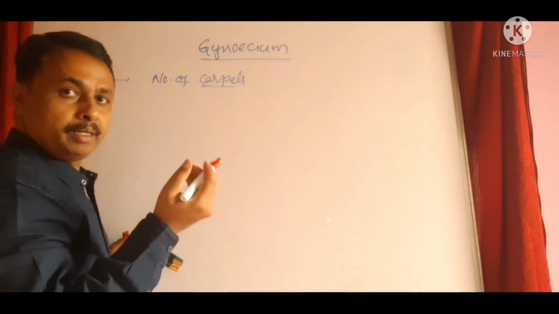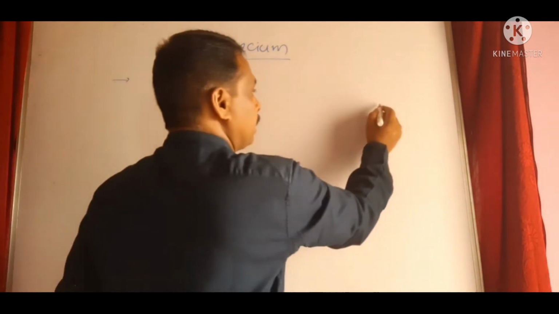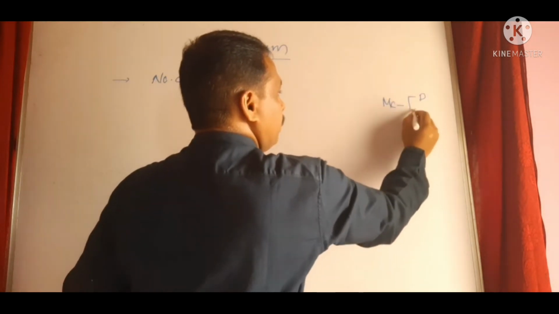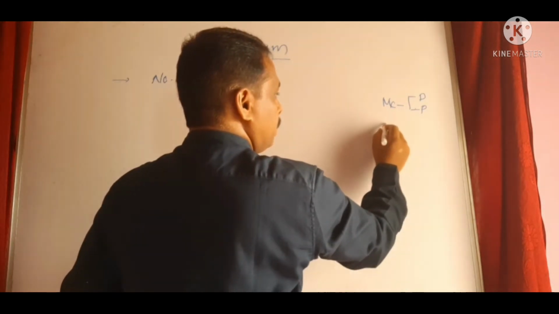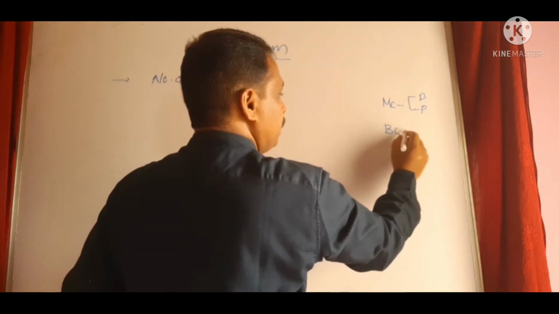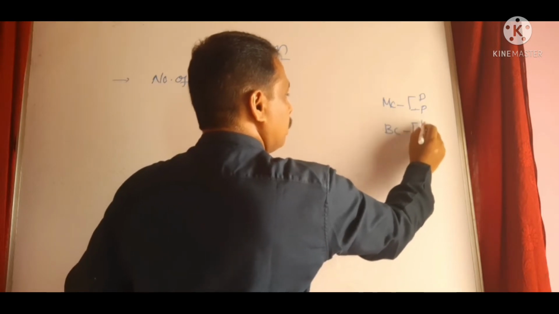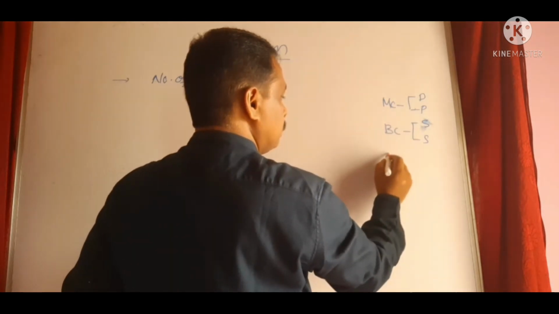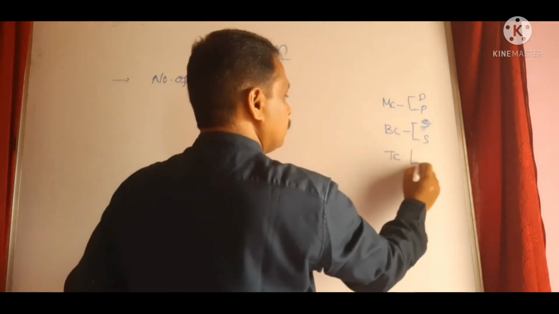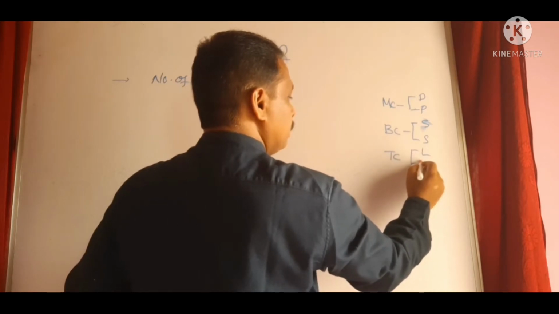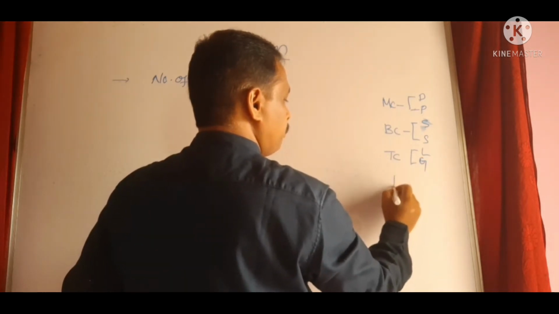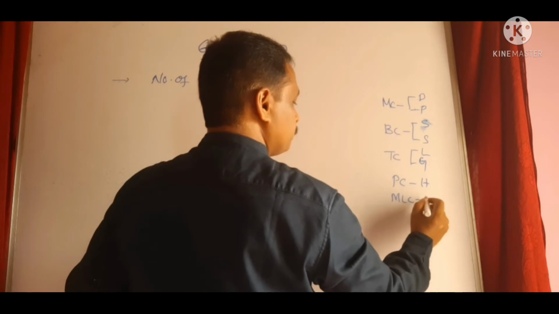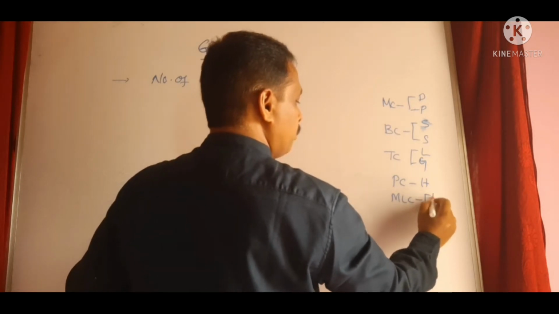To remember the type and example, I'll keep a code: monocarpellary DP, bicarpellary SS, tricarpellary LG, pentacarpellary H, multicarpellary MAR.